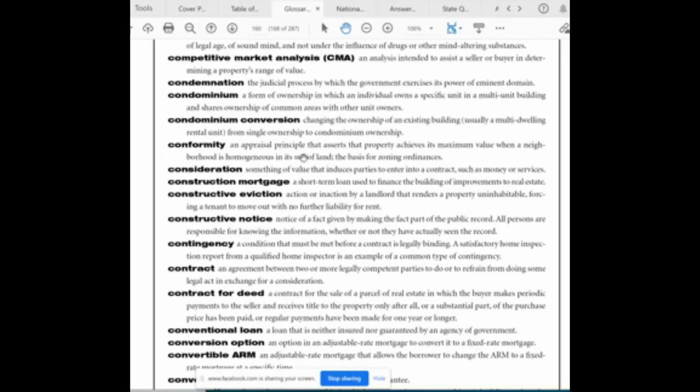Conformity, an appraisal principle that asserts that property achieves its maximum value when a neighborhood is homogeneous in its use of land, the basis for zoning ordinances. So they all conform, they are all similar.